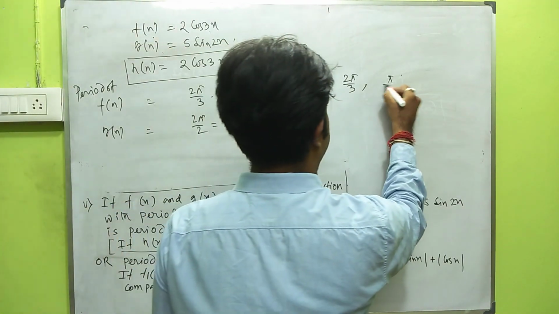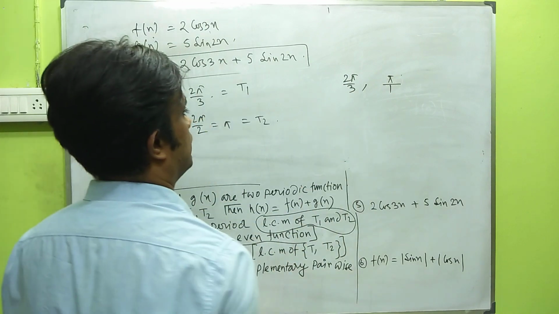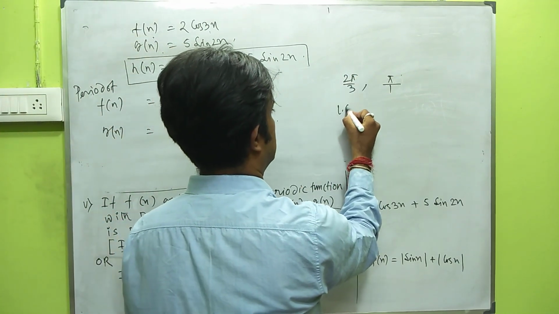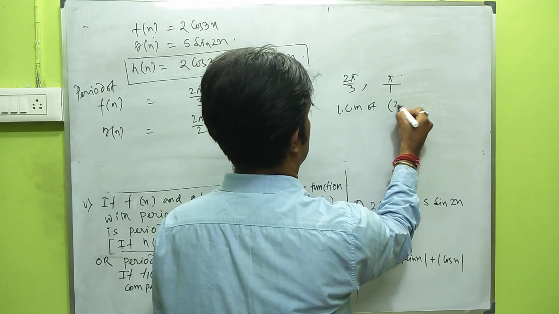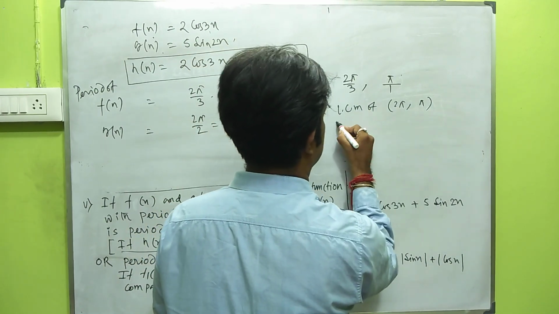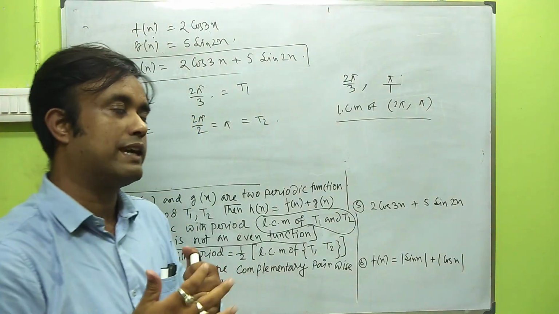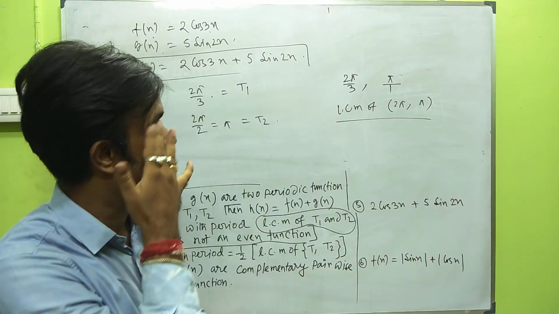So the LCM of 2 pi by 3 and pi, how do we calculate it? We know how to calculate the LCM of two fractions.